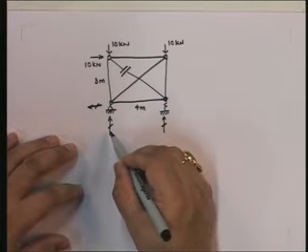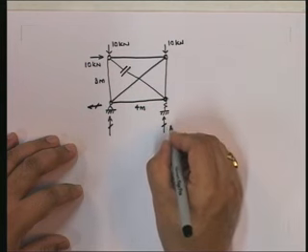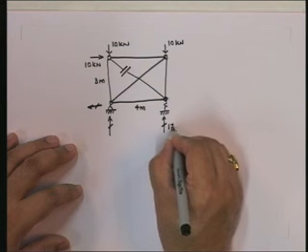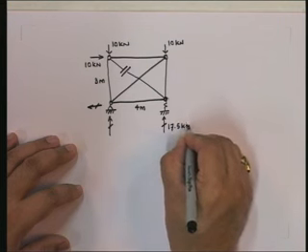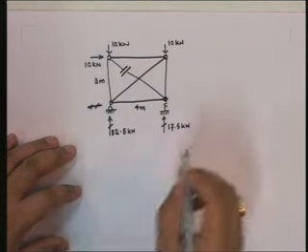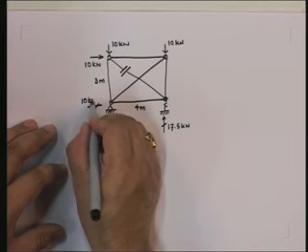This is going to be 10 and 10, and then due to this 30 by 4, this is going to have a 17.5 kilonewtons, 2.5 kilonewtons, and this is going to be 10 kilonewtons.